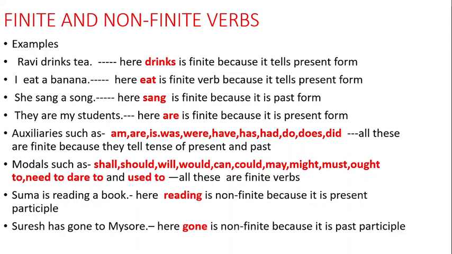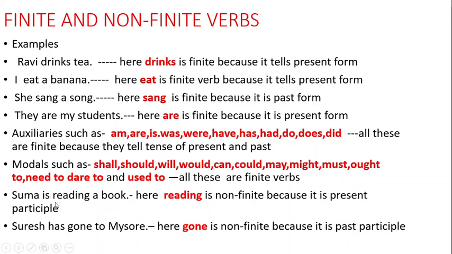So also, Suresh has gone to Mysore. Here gone is again non-finite because it doesn't tell any tense. But has is a helping verb that tells the tense, present perfect tense. Is would be present continuous tense.